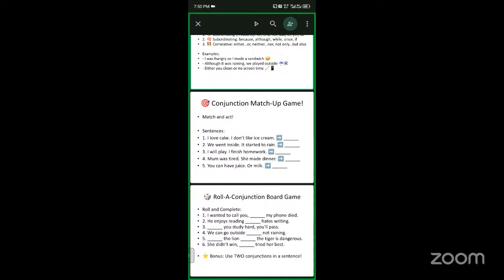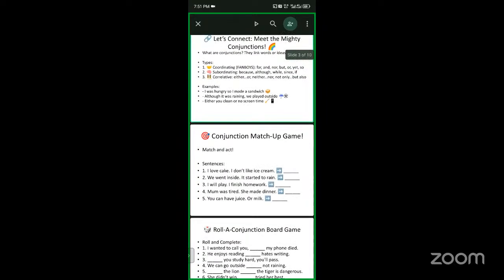Mom was tired for she needed dinner? No. She was tired and still she made dinner. So what can we put in the middle? It can't be and. I didn't mean to put and. She was tired, but still made dinner. No, don't use mine. I just used that to explain to you. Pick one from Fanboys.